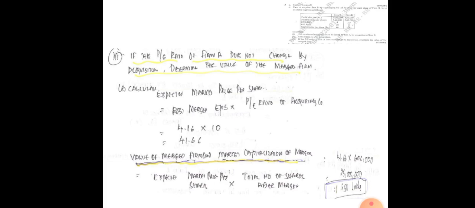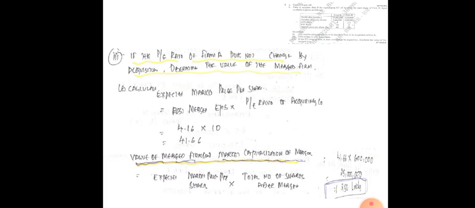Let's first calculate the new market price after the merger. One way to calculate the new market price is by taking the product of the P/E ratio of the acquiring company, and there is no change, so we take it the same there. If there is a change, then we need to calculate the combined P/E ratio. Since it is given that the P/E ratio is not changing, we take the P/E ratio of the acquiring firm multiplied by post merger EPS.